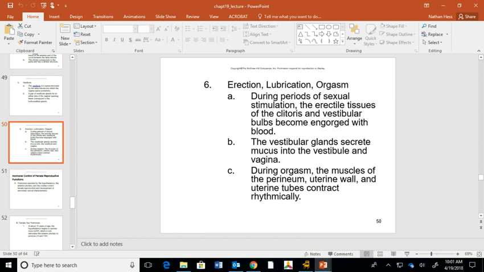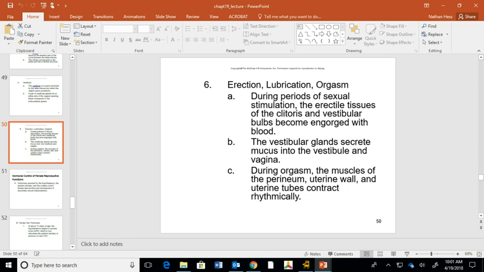This is just a brief little quick something. There's much more detail in your textbook, and we'll talk more about this. Erection, lubrication, orgasm. During periods of sexual stimulation, the erectile tissues in the clitoris and in the vestibular bulb, the area around the vagina, become engorged with blood.